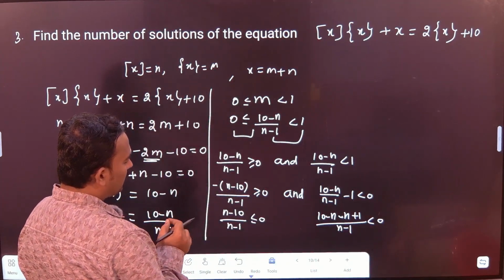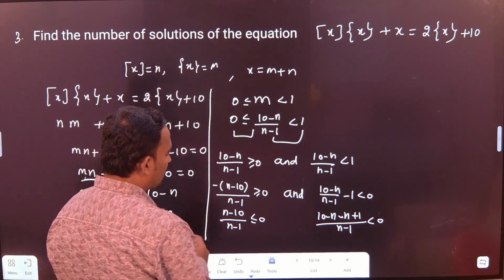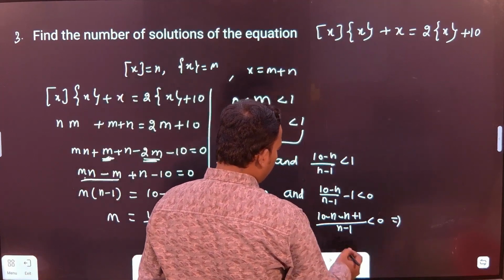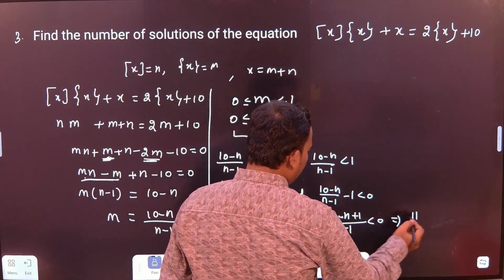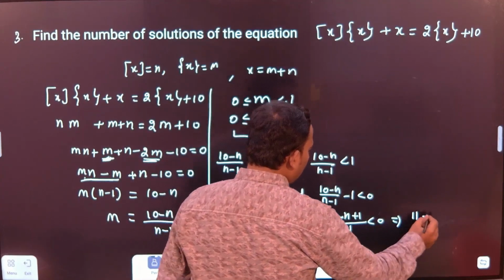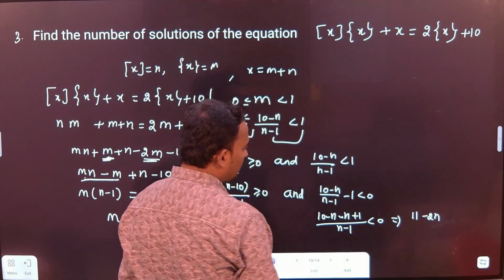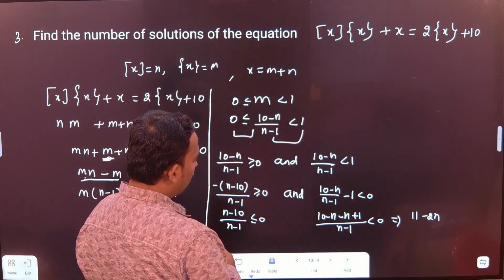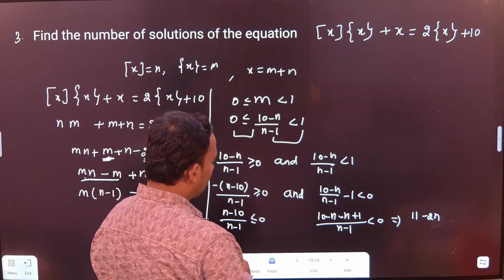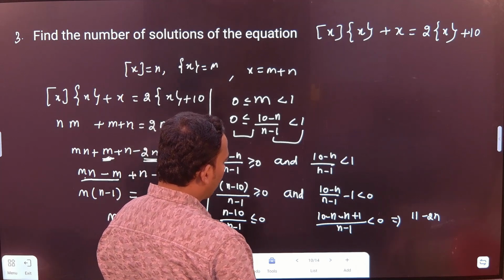Check once, 10 minus n plus 1. Yes, correct. So then how to write 10 plus 1 is 11. So minus 2n, right? Is it correct? Minus n minus n, that is, plus 1 is correct. 11 minus 2n, right?